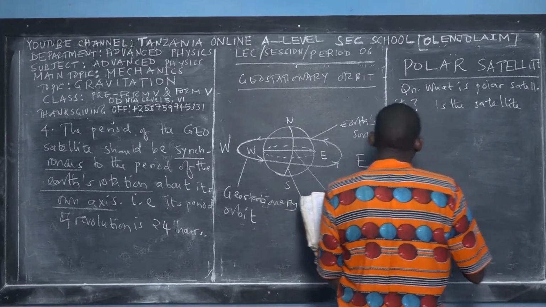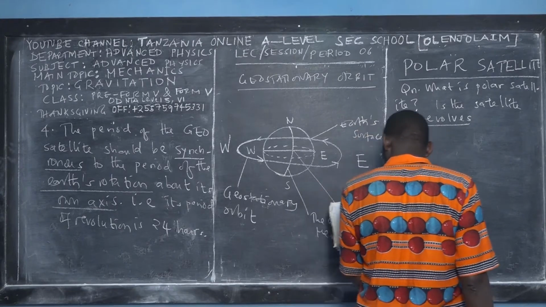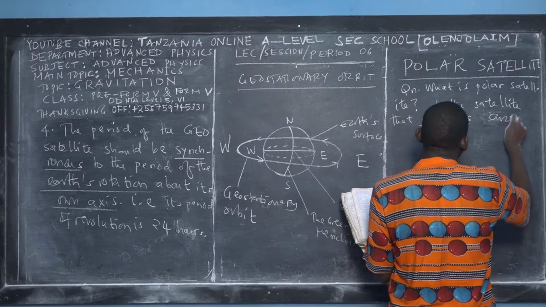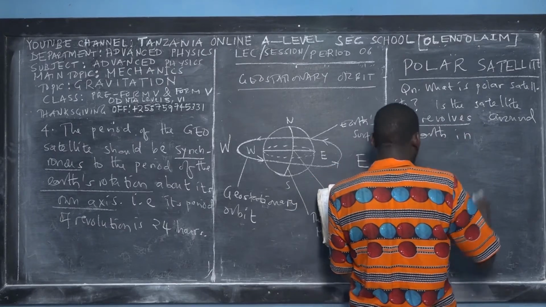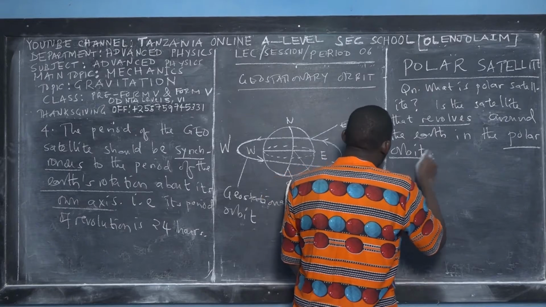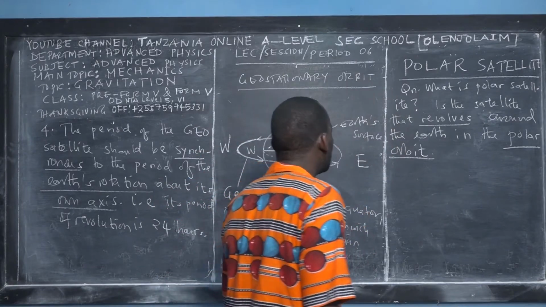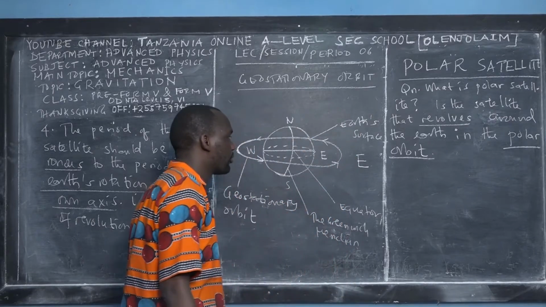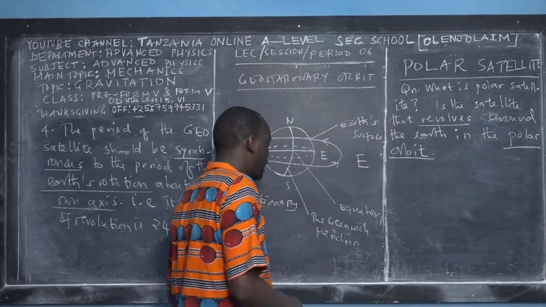It is a satellite that revolves around the Earth in the polar orbit. The polar orbit is also one of the parking orbits, we call it stationary orbit. But when you talk about the polar orbit, we are talking about different compass bearings, a different direction from the geostationary orbits.